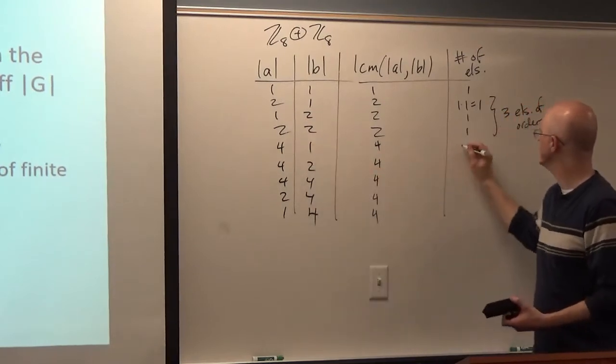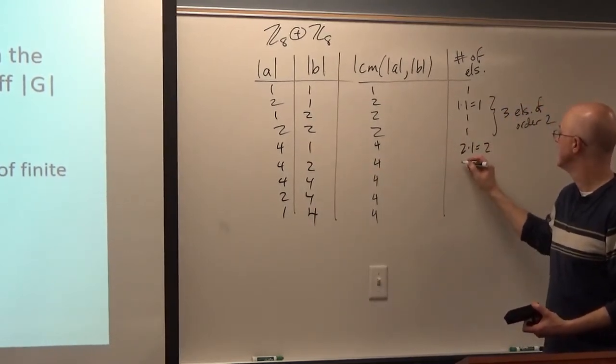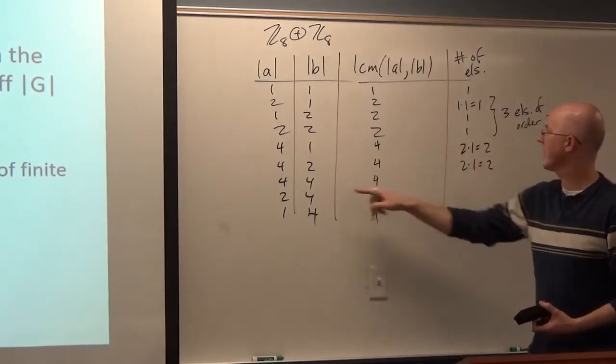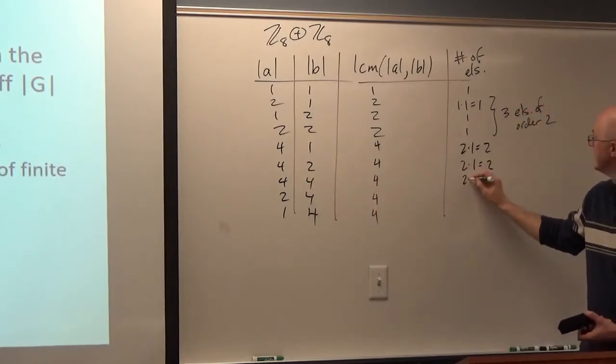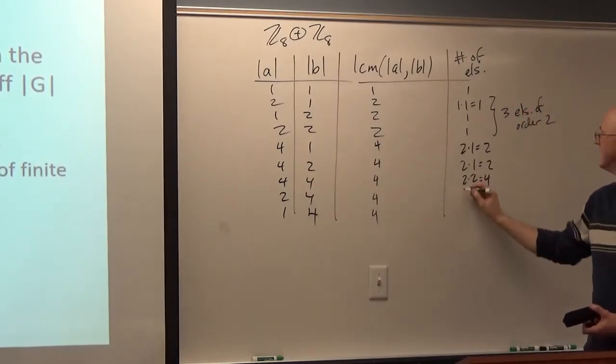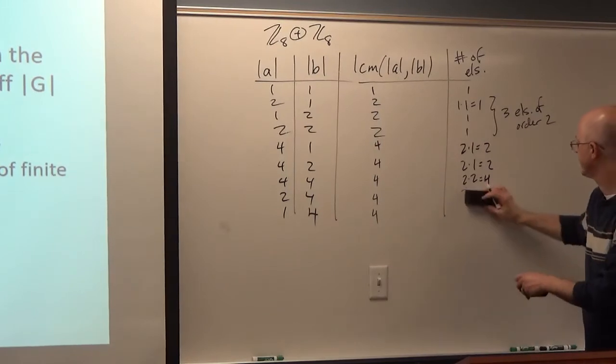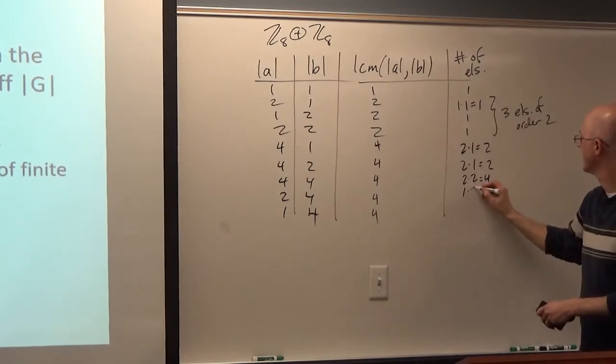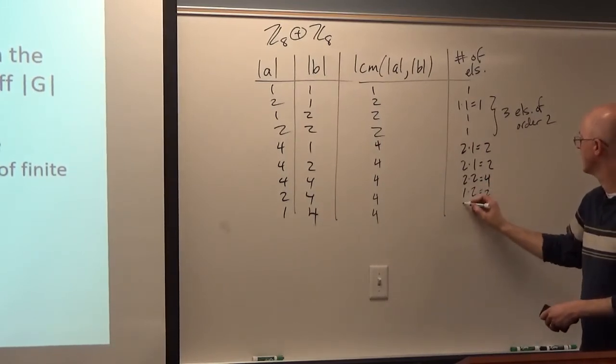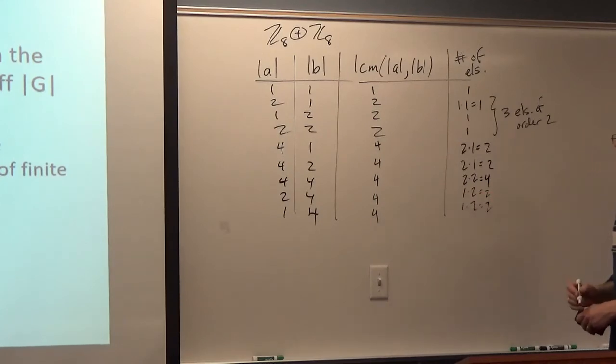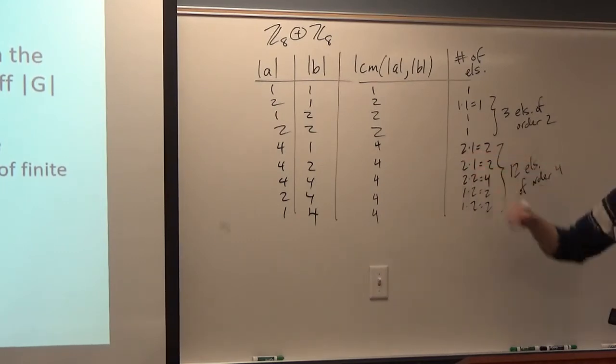With 4 and 1, we get 2 times 1. But with 4 and 4, we get 2 times 2. Add those up, 2, 4, 8, 10, 12. Altogether we have 12 elements of order what? 4, yeah. Looking at the least common multiple.